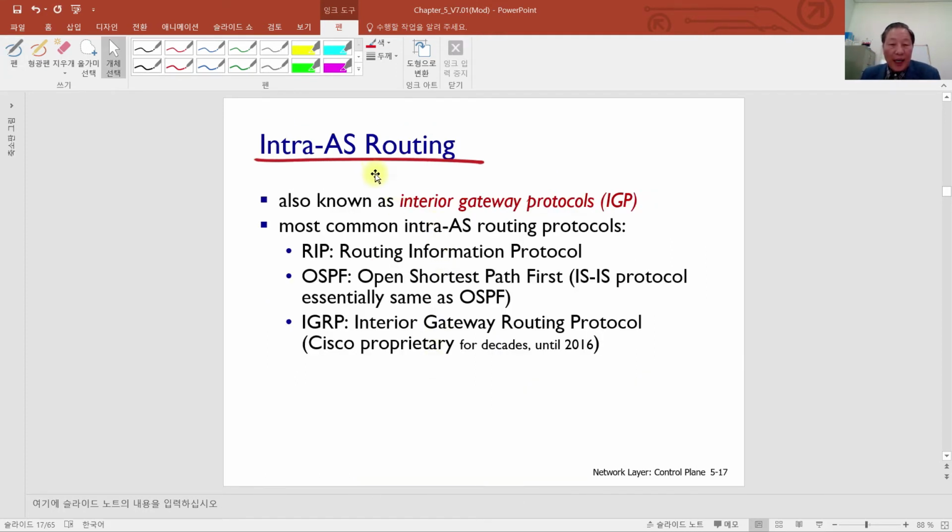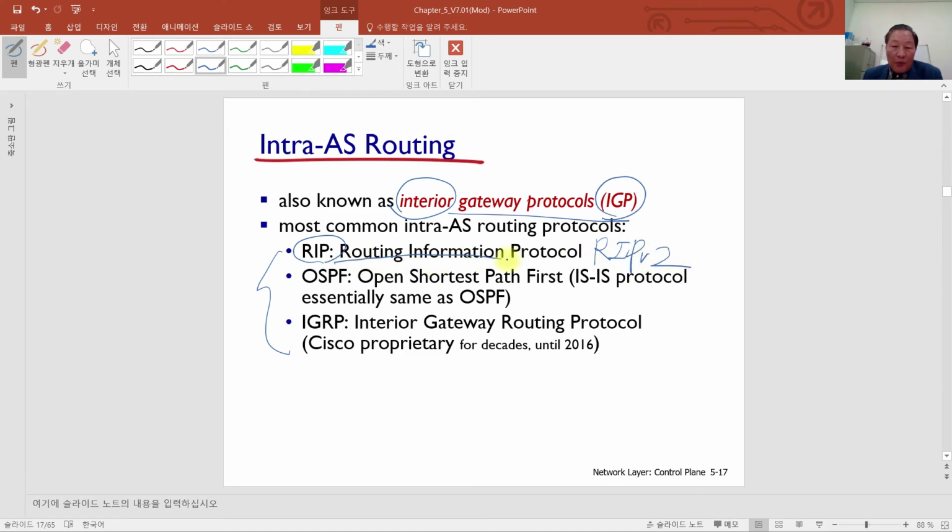First one, intra-AS routing, also known as interior gateway protocol, with the acronym IGP. Long time ago we used RIP, but now we are using RIP version 2.